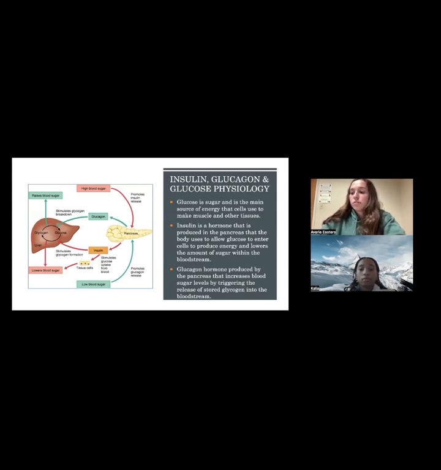And then glucagon is a hormone that increases the blood sugar levels and also helps regulate the blood sugar. So this diagram here just shows the relationship of each hormone and how it regulates the blood sugar.